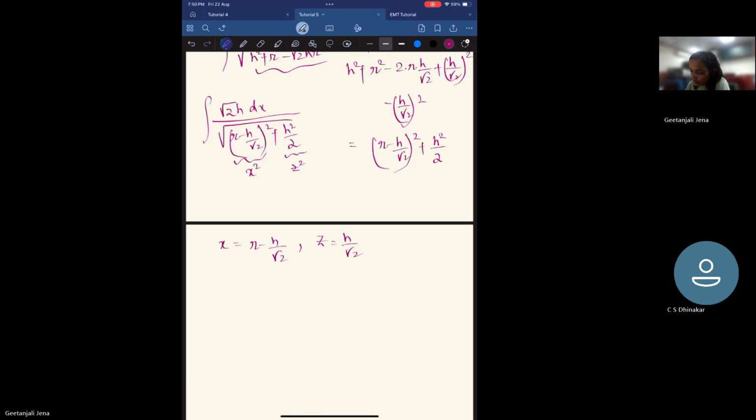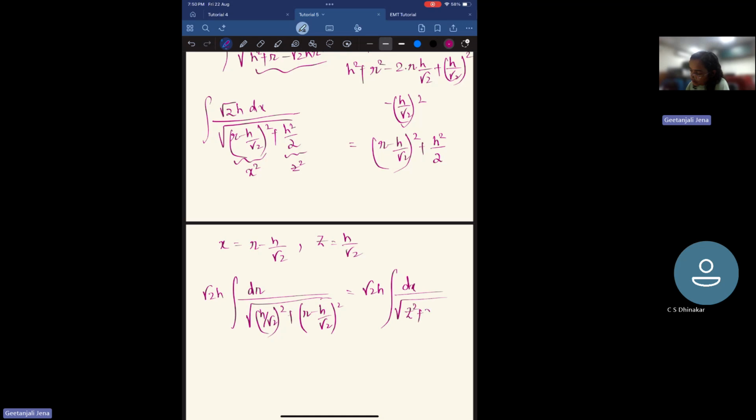Now it's easy to find out. This is dr over root of h by root 2 square plus r minus h by root 2 square. This is root 2h dx by square root z square plus x square.